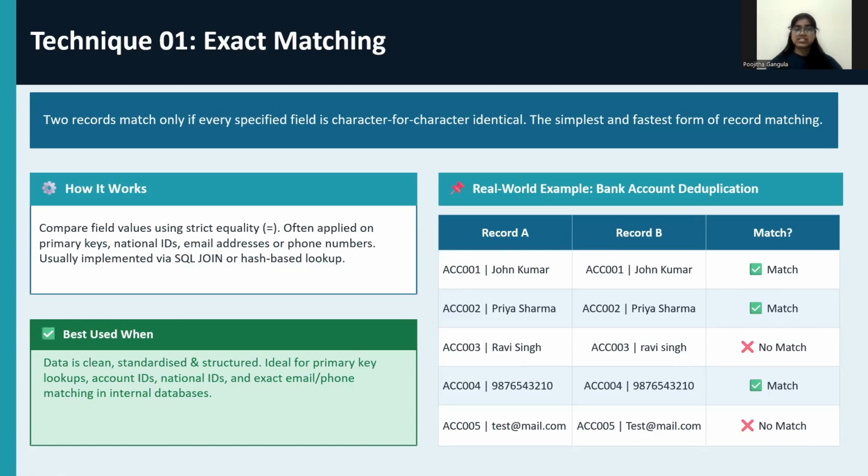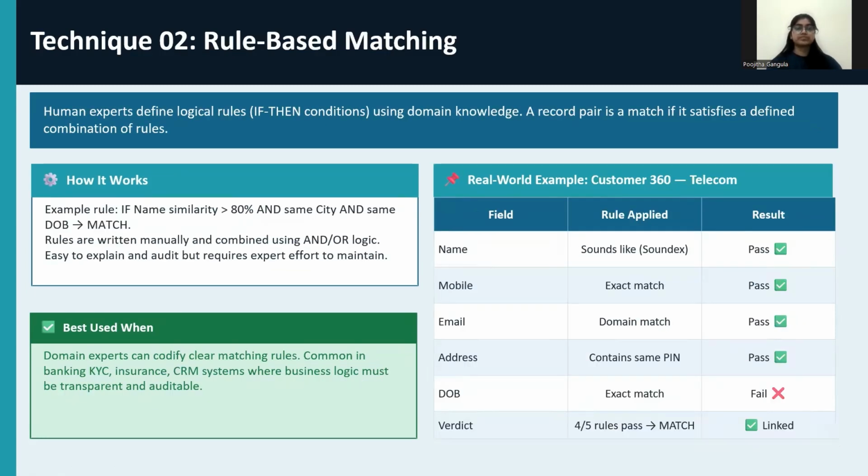Next one is rule-based matching. In this method, we define rules manually based on domain knowledge. For example, if name similarity is high and the city is the same and the date of birth is the same, then we consider it a match.